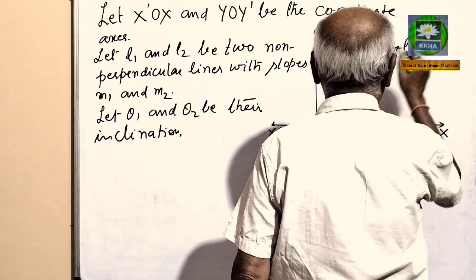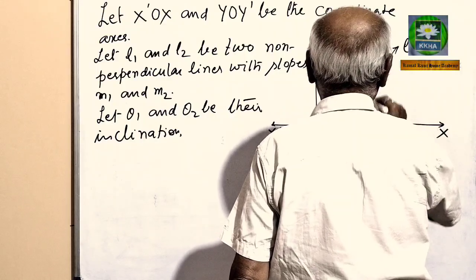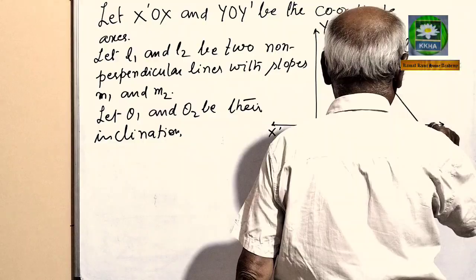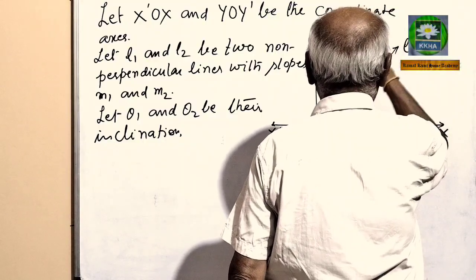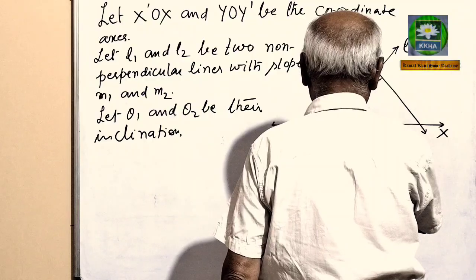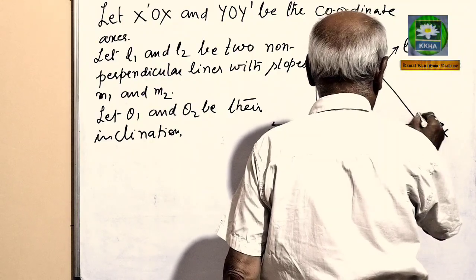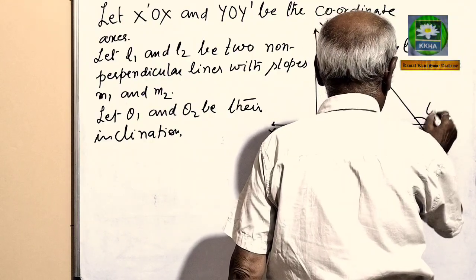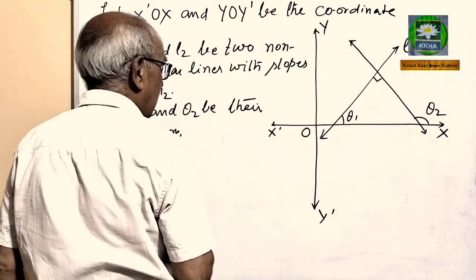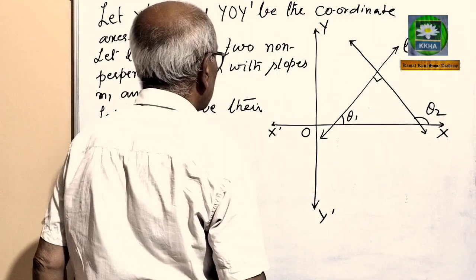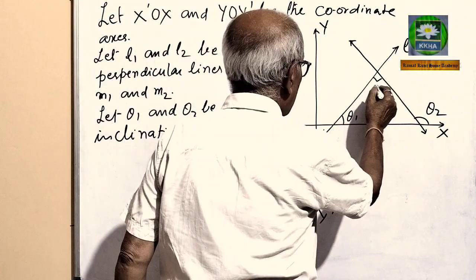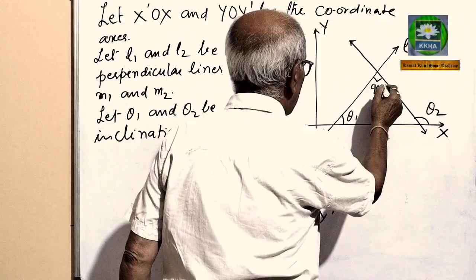Lines L1 and L2 have inclinations theta 1 and theta 2. This angle is 90 degrees.